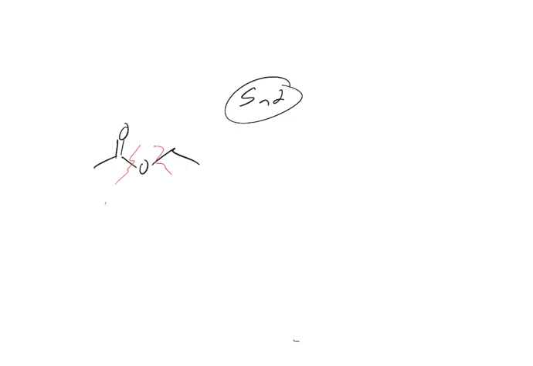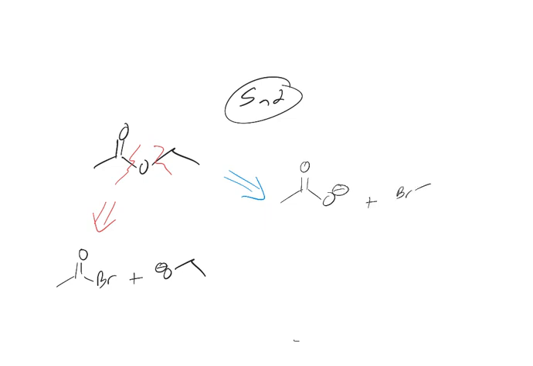So either we could make it from something that looked like, maybe put a leaving group here, plus O minus, that could be one version. Another version could be, let's see, we'd have the oxygen on this side with an O minus, plus the bromine, right, on that alkyl halide.